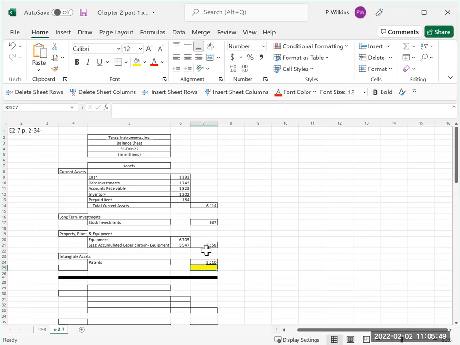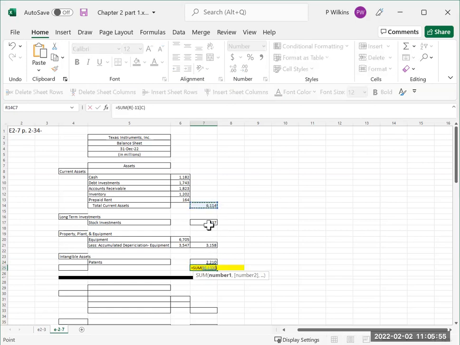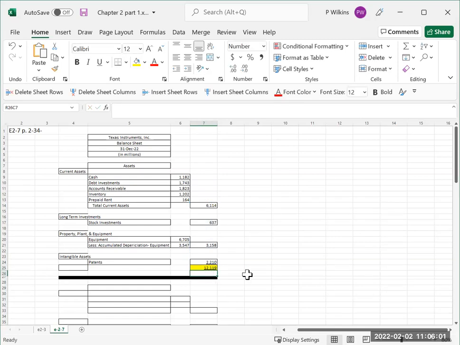And that's the total of all of the asset sections. So we're now going to add together the 6114, the 637, the 3158, and the 2210. And that's going to give us a total of 12,119. And that is actually the total assets.